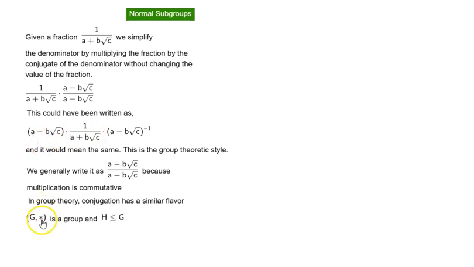So we have a group G under an operation star, and H is a subgroup of G. For a fixed x in G, the conjugate of H by x, or conjugation of H by x, is written as x times the subgroup H times x inverse, which is equal to x times an element h of the subgroup H times x inverse, where h is in H and x is in G.